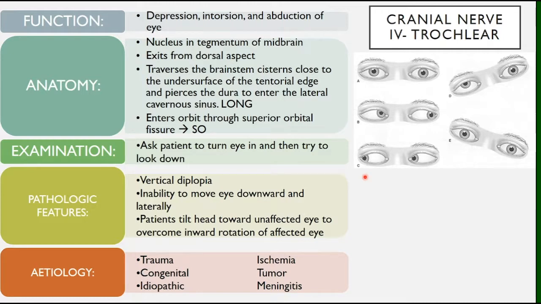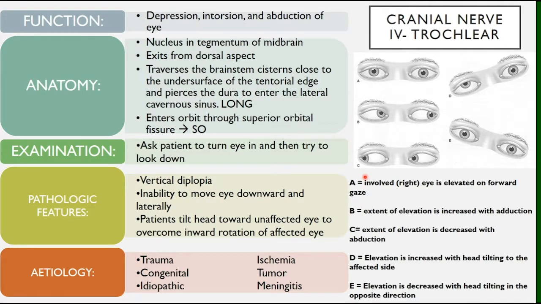And this is exactly what our patient said. When he looks to the left, you can see it goes even higher. But when he looks to the right, it's normal. So it resolves. And when he tilts his head to the right side, the affected side, things get worse. But if he tilts his head to the left, things get better. That's why you would find patients coming to you like this.